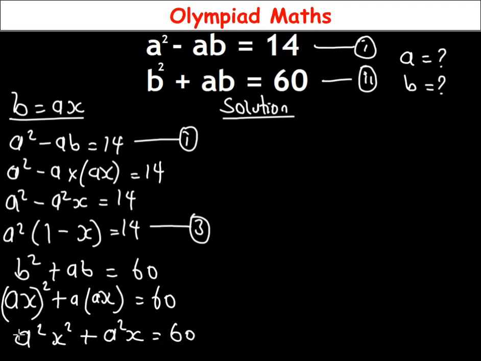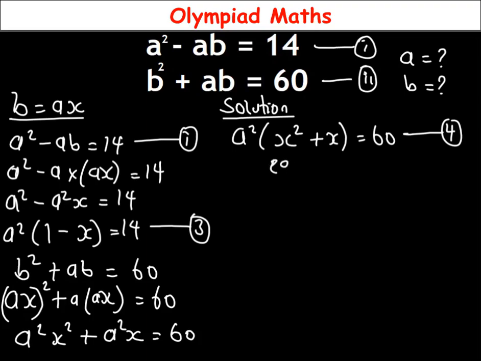At this junction, a squared is common, so factorize out a squared. So a squared in bracket, we are left with x squared, also plus x, is then equal to 60. With this, we have equation 4.